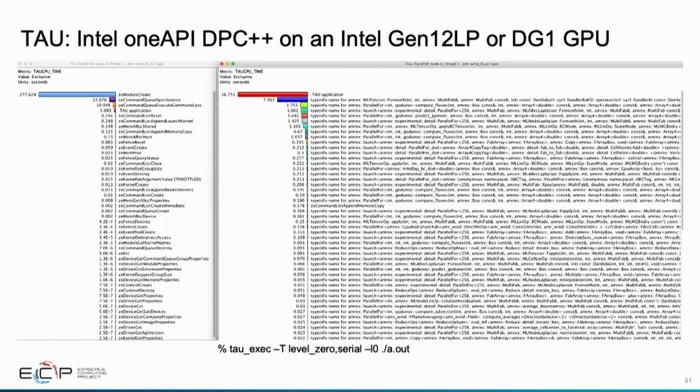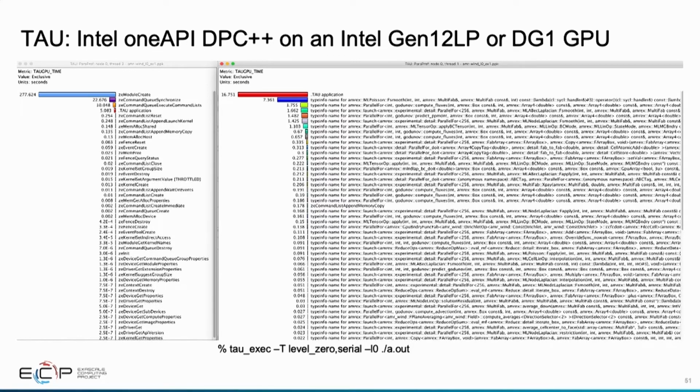You can see all the time spent in the Level Zero calls on the left side by just saying tau_exec with -L0. Okay? And then you can measure multi-node performance with TAU, launching it with mpirun or srun or aprun.